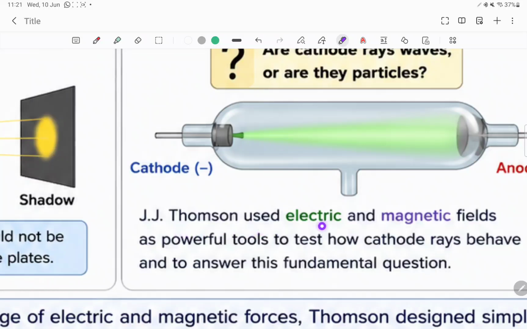So J.J. Thomson used this knowledge, this information. He used electric and magnetic fields as a powerful tool to test how cathode rays behave and to answer this fundamental question: to prove whether they are particles or waves, he simply had to test their response towards the electric and magnetic field.